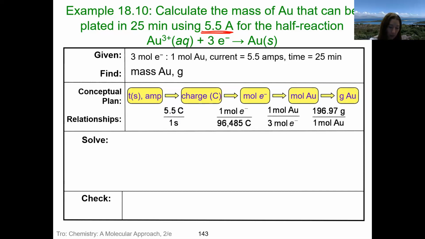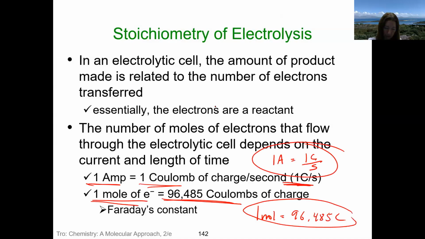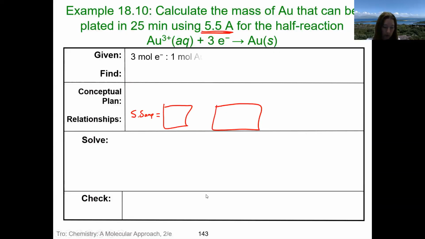So remember, this is the same thing as 5.5 amps. Right, this is our conversion, the conversion I just showed you with Faraday's constant right here. This is another conversion we're going to use.